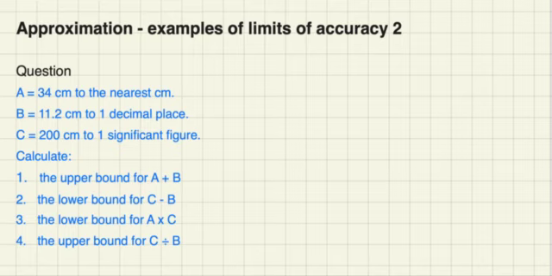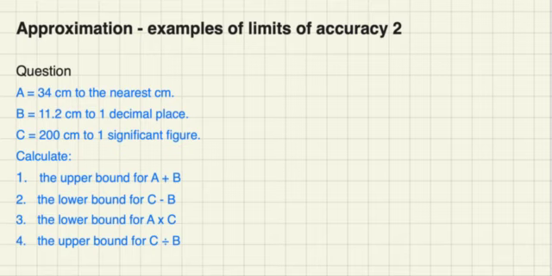And value C is 200 centimetres, and this has been measured to 1 significant figure. What you need to do in this is work out upper and lower bounds for those values, because the actual question is divided into 4 parts.